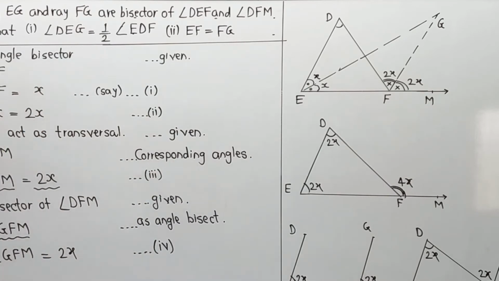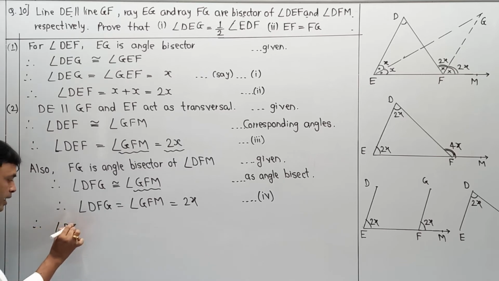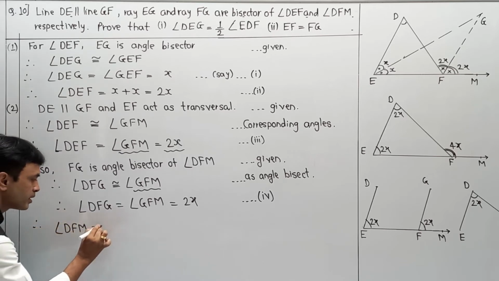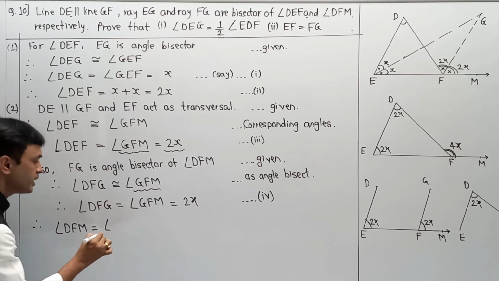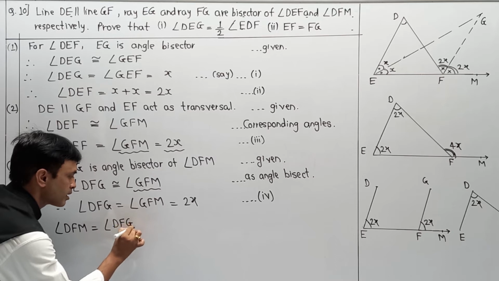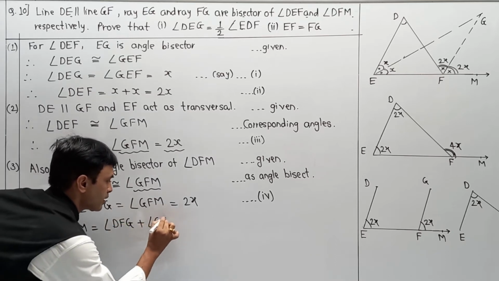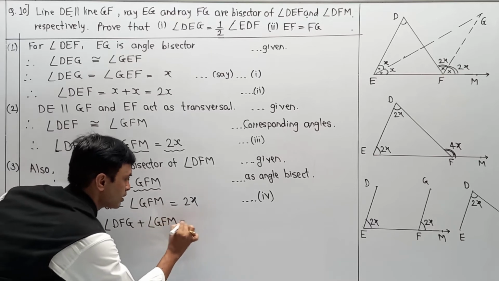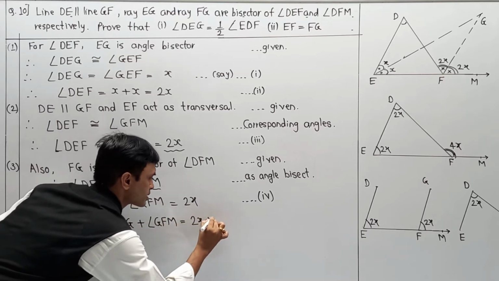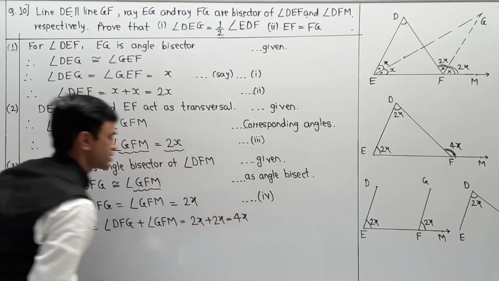Writing that part over here: therefore angle DFM is equal to angle DFG plus angle GFM, is equal to 2x plus 2x, and that is equal to 4x.